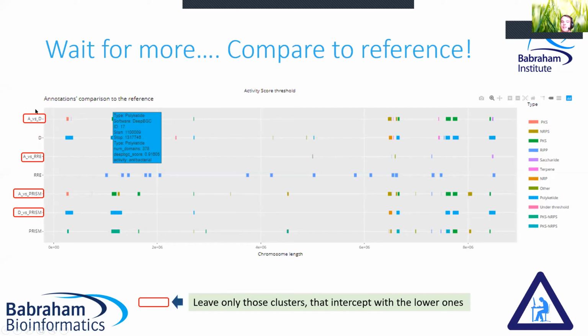So the reference is anti-smash for both RRE and DBGC, and for PRISM it is DBGC and anti-smash. So you can see here which clusters are intersecting with those annotated by PRISM, for example, in the lower half of the chart. And the chart is actually interactive, so you can see more data coming up when hovering a mouse pointer.